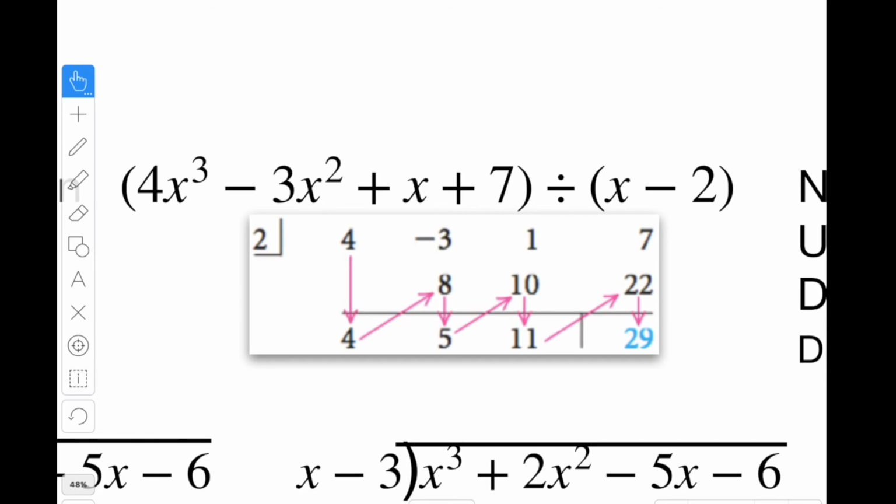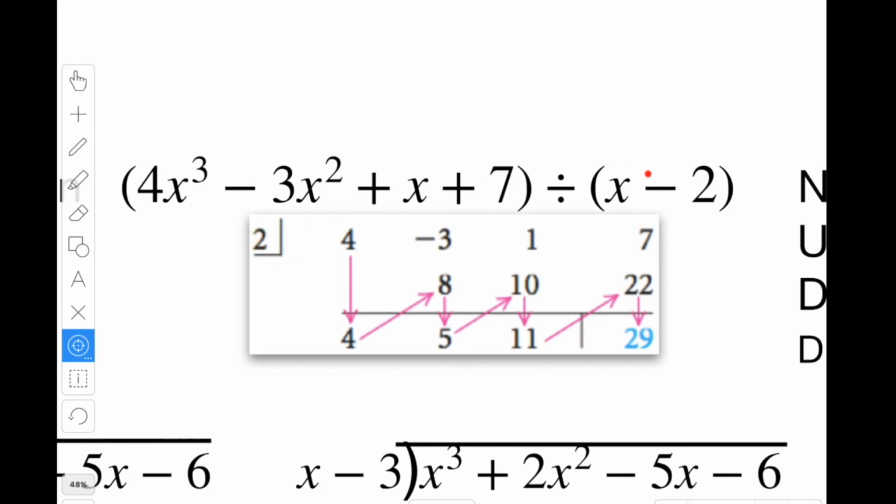First of all, with synthetic division, you assume that this term is the constant, and then this is the x term, the x squared term, the x cubed term. You have to make sure that they're all lined up. If they're all lined up, then maybe you don't have to write the x's anymore. We just know that they're there. And on top of that, if we know that we're going to be dealing with zeros, then instead of dealing with the factor x minus 2, let's deal with the zero, 2.